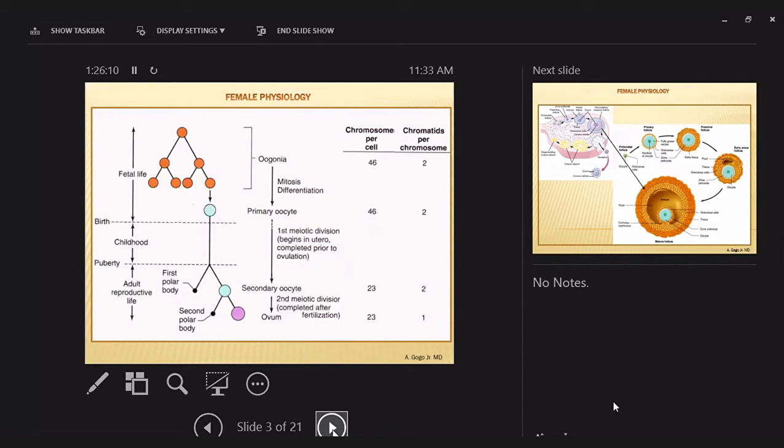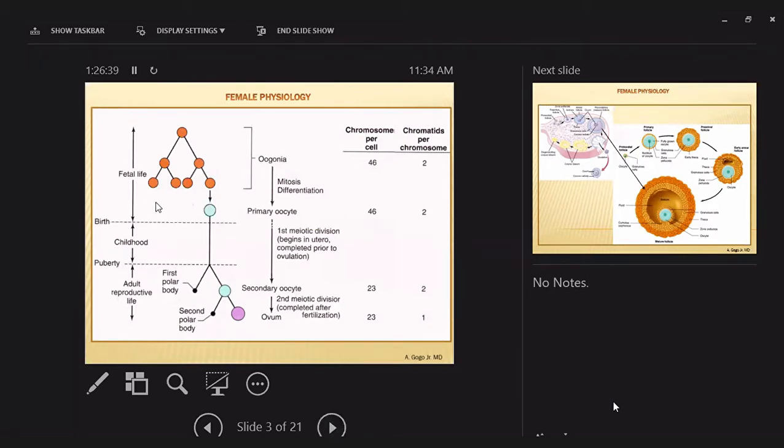Now you remember when the sperm and the ovum meet, it will form a single stem cell. Okay. Now, in the female, it will follow the Mullerian duct, okay?